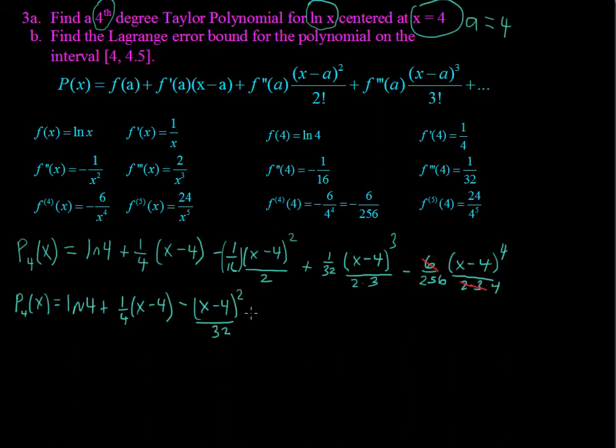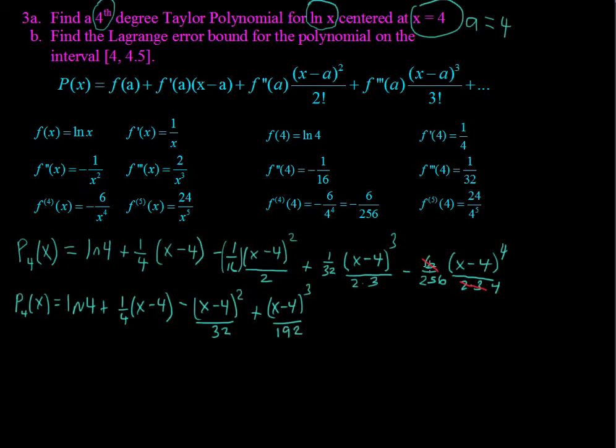Instead of writing it as coefficients, let's write it this way. Now 32 times 3 is 96, times 2 is 192, so plus x minus 4 cubed over 192.